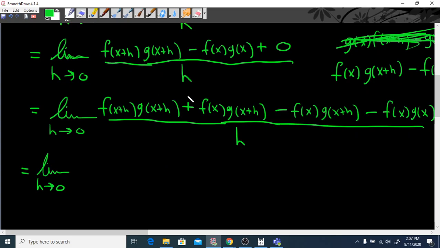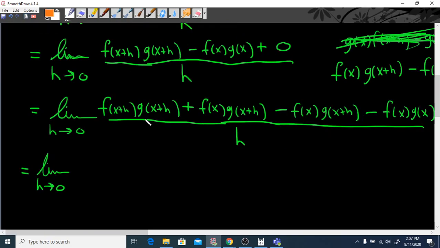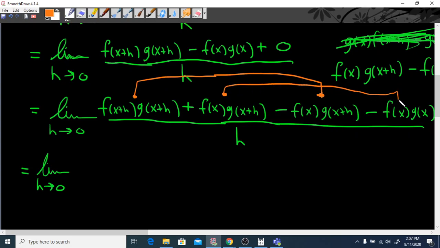So what I'm actually going to do is group these terms together. I'm going to look at term 1 and term 3 together, and then term 2 and term 4 together.